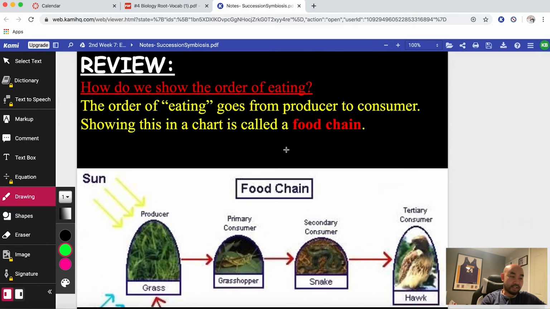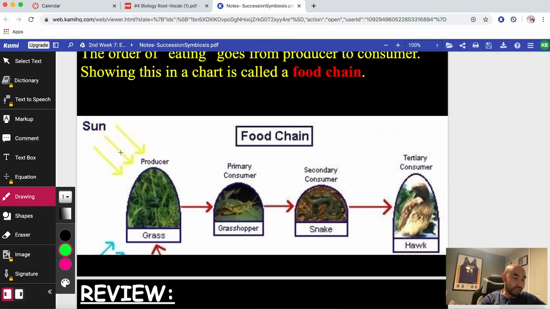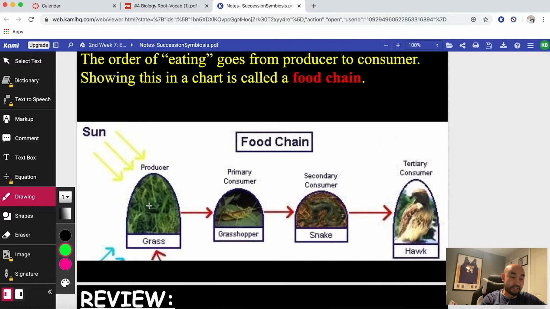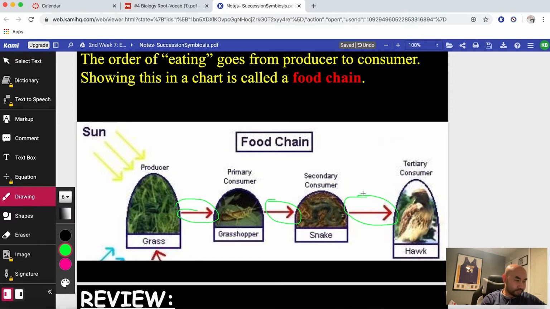Remember we said, and then we moved on to talk about the food chain, right? This would be a food chain. A food chain shows you who eats the producer and who eats that consumer and so on. For example, the grasshopper eats the grass. Remember the arrow? We talked about this. We did draw a food chain. Let me make this a little bit bigger.